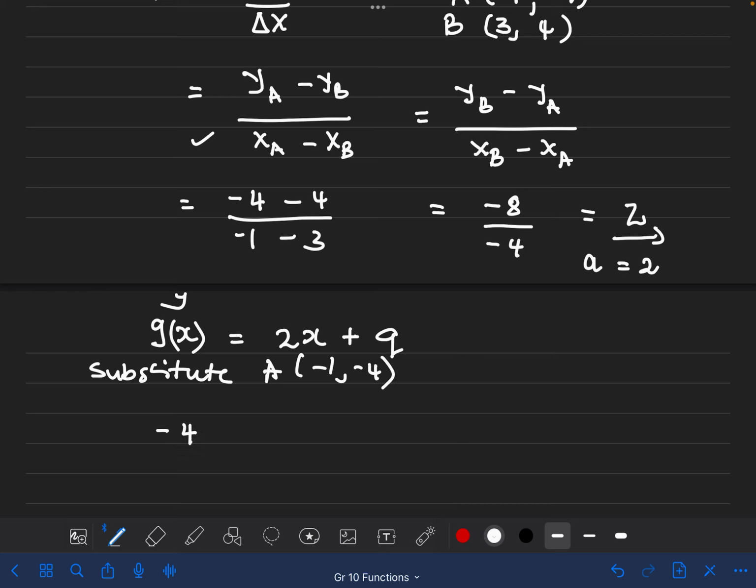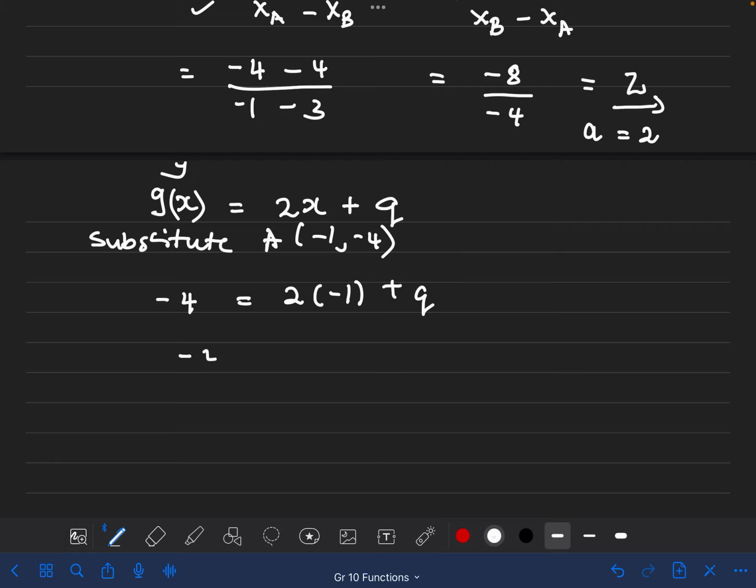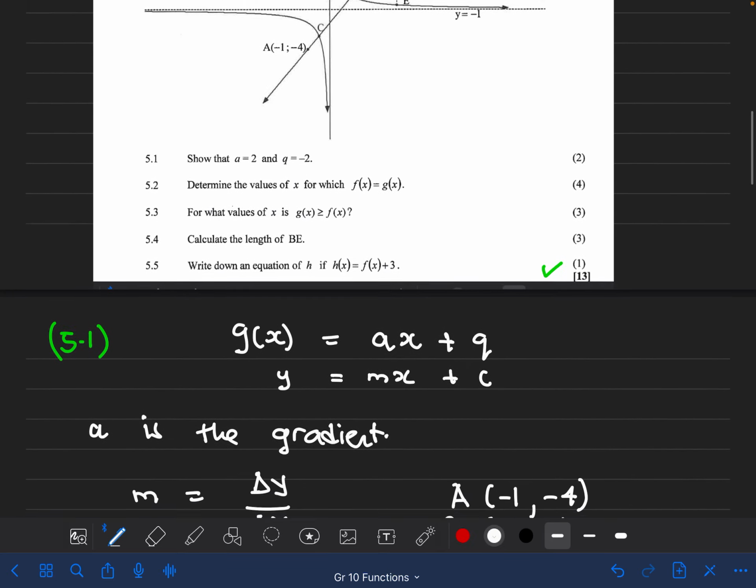So this is going to be negative 4 in the place of g of x equals 2 times negative 1 in the place of x, plus q. Then this is negative 4 equals negative 2 plus q. Now we are going to find that our q equals negative 2, if we add 2 on both sides. So q is equal to negative 2.